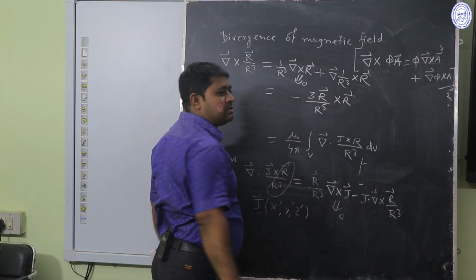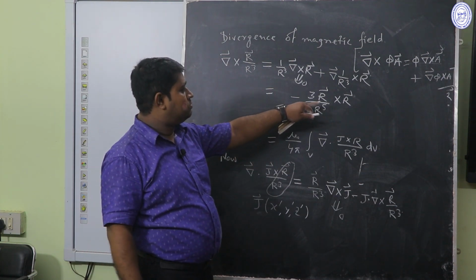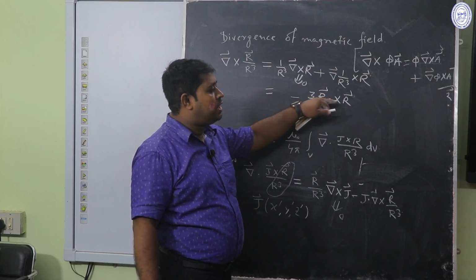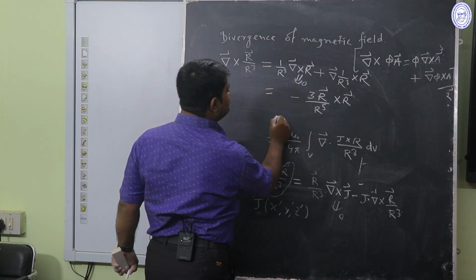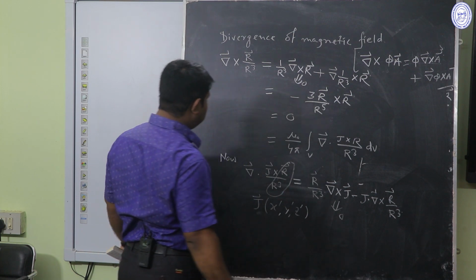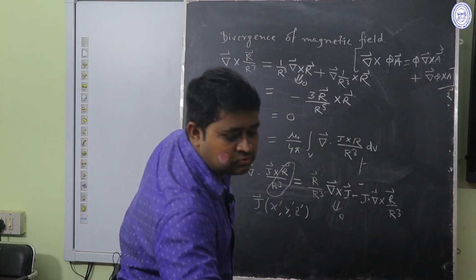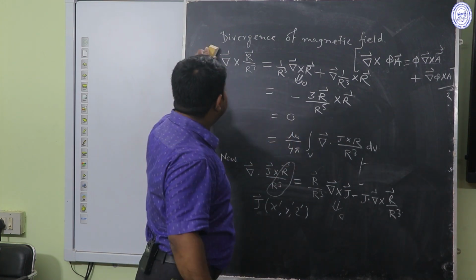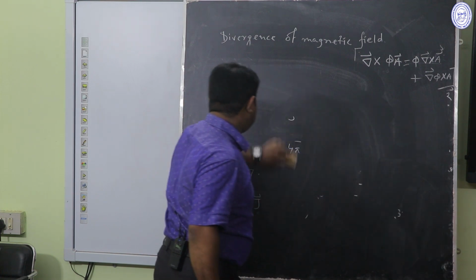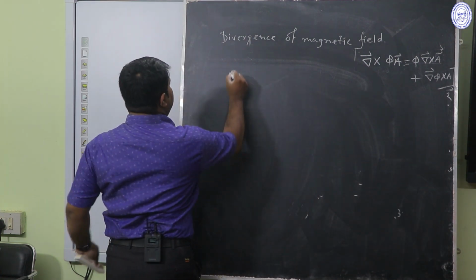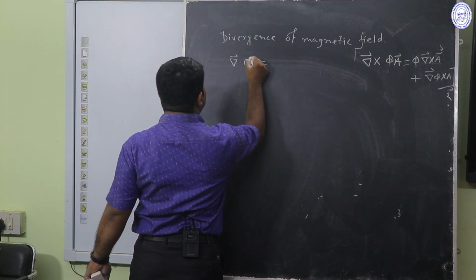So r cross r is equal to 0, since the cross product of two identical vectors is 0. So divergence of B is equal to 0.